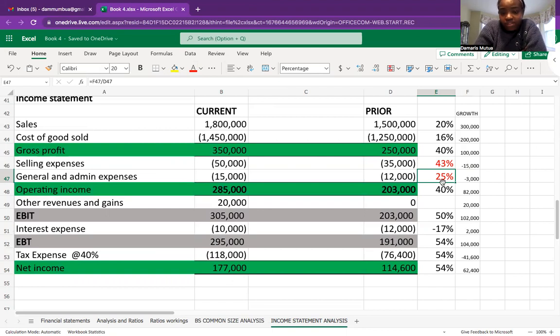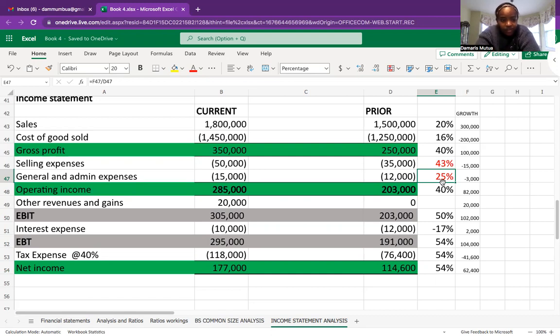You need to investigate and know exactly what is happening there. Maybe like selling expenses, we could be advertising to sell more, maybe sales promotions to sell more. But it's important to dig deeper and get an understanding of what is happening to the different expenses.